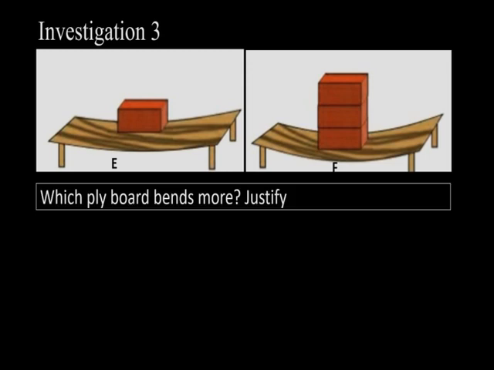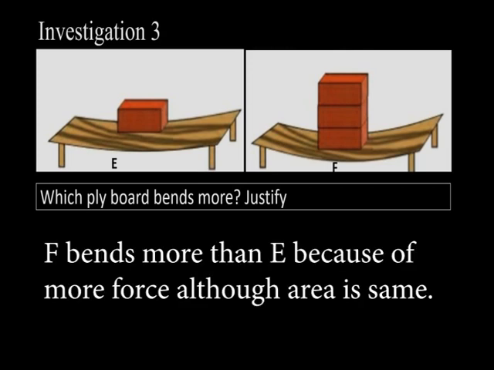You need to justify. Since we have more bricks there, the force acting on the plywood is more, and plywood F bends more than E, since the force exerted by 3 bricks on F is more than the force exerted by a single brick of the same mass on plywood E. The area of contact in both the cases is same.